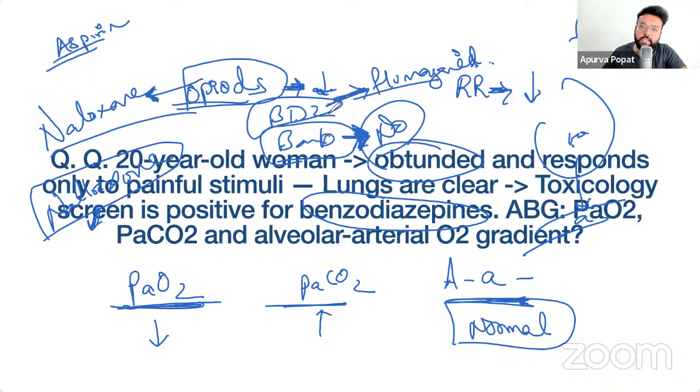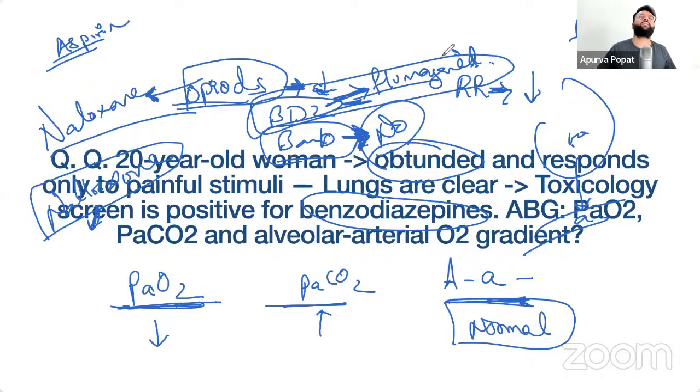But flumazenil is not preferable for benzodiazepine overdose, because if you suddenly block the benzodiazepine receptors in the patient, that can precipitate what? Seizures. Okay. It can precipitate seizures.